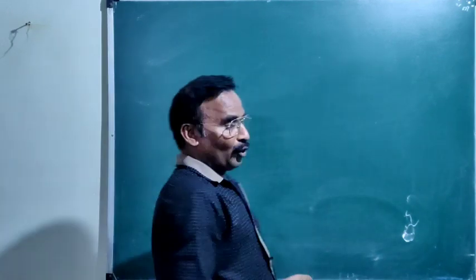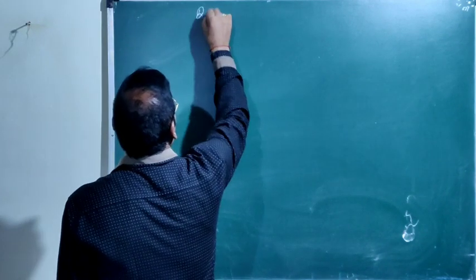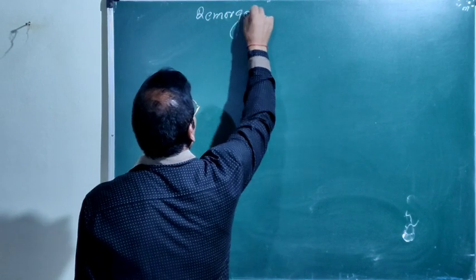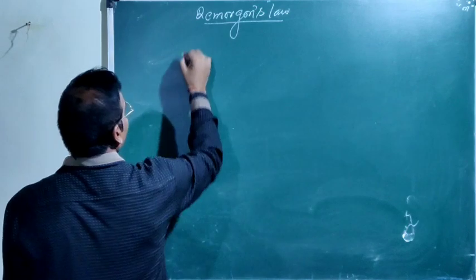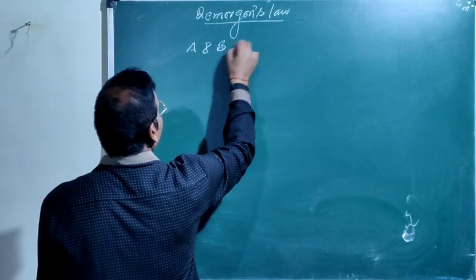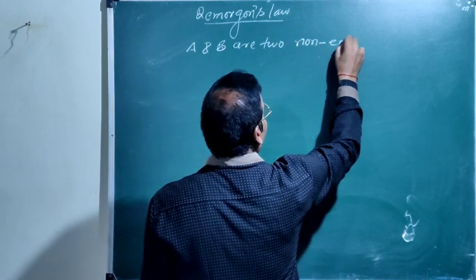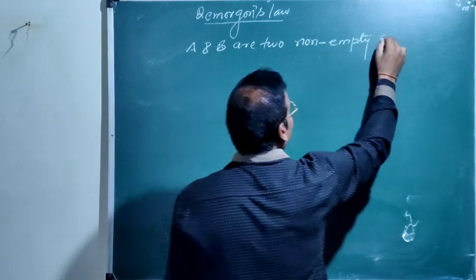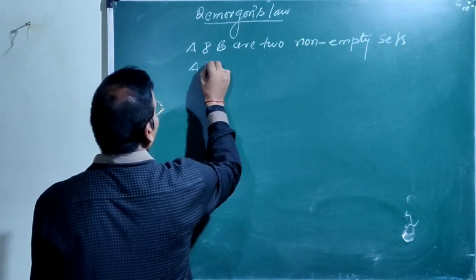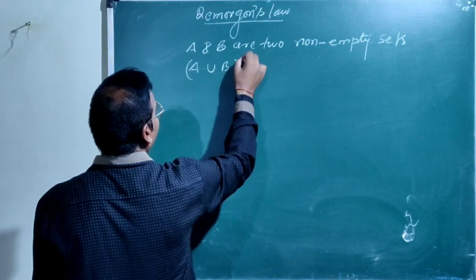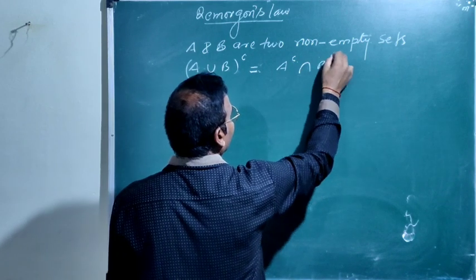Now, there is one important rule, De Morgan's law. If A and B are two non-empty sets, then the complement of A union B is equal to A complement intersection B complement.